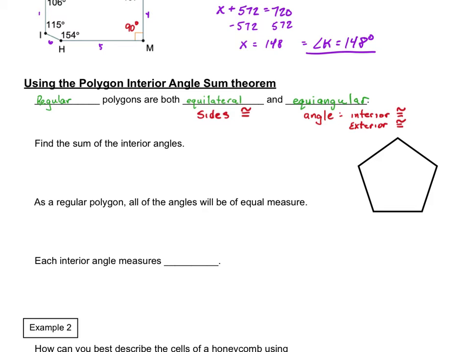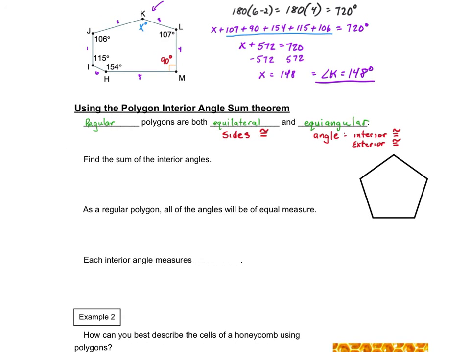So finding the sum of interior angles. We just did a minute ago, and we said that the internal angles of a pentagon are 540 degrees. So when we add those all together, it came up to 540 degrees. But what we want to find out is, what is just one of those angles? Well, all of these are going to be congruent.